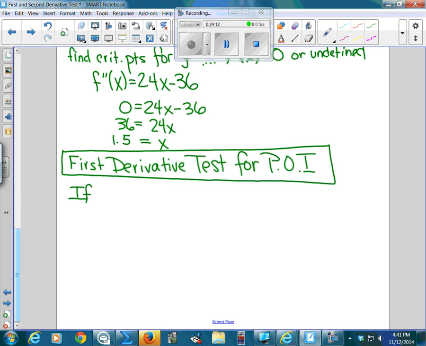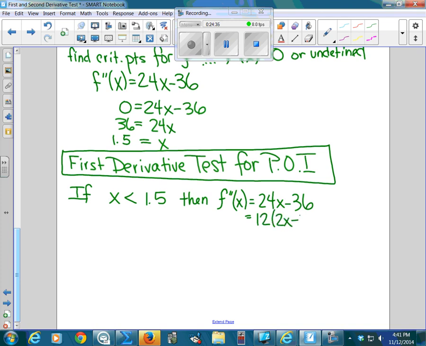We say if x is less than 1.5, then f double prime of x, which is equal to 24x minus 36. If we take out a 12, it might look more obvious. We can say if x is less than 1.5, this factor right here will be negative, and therefore that product will be negative.